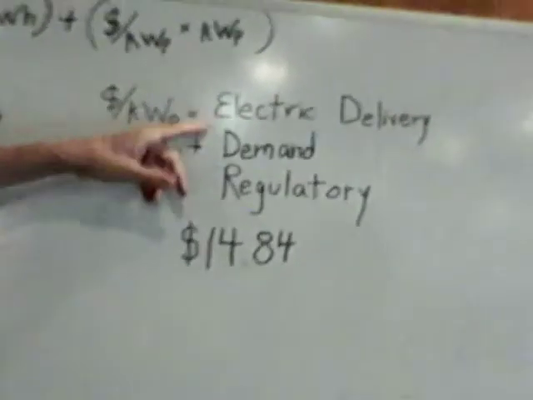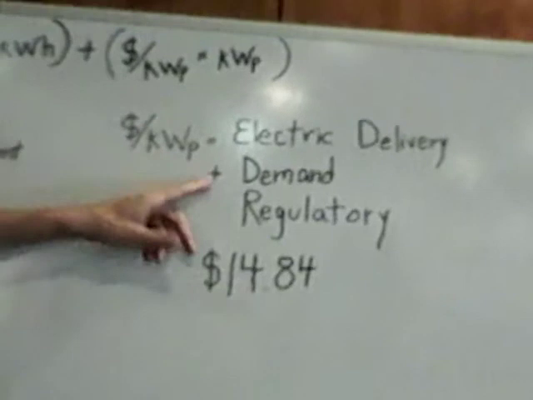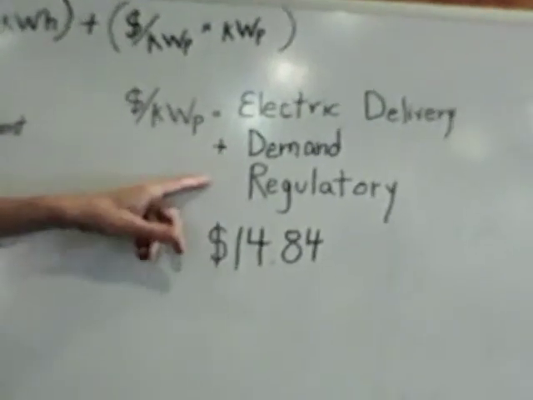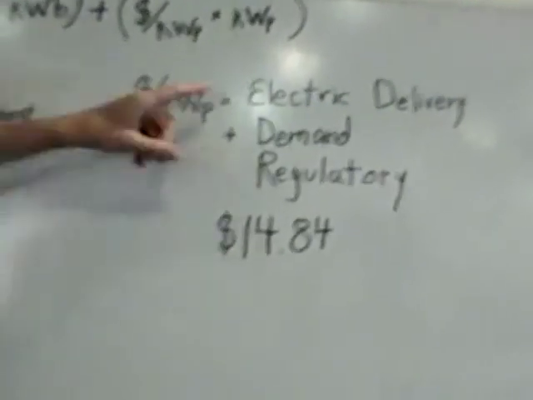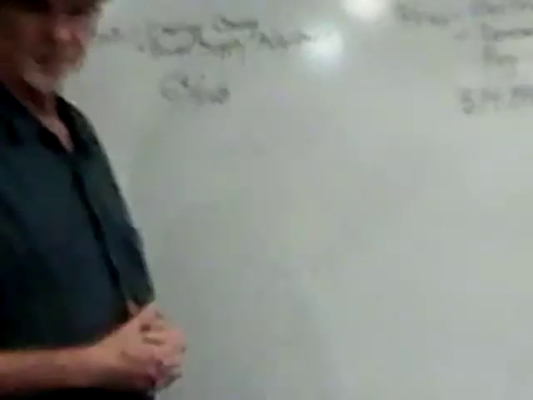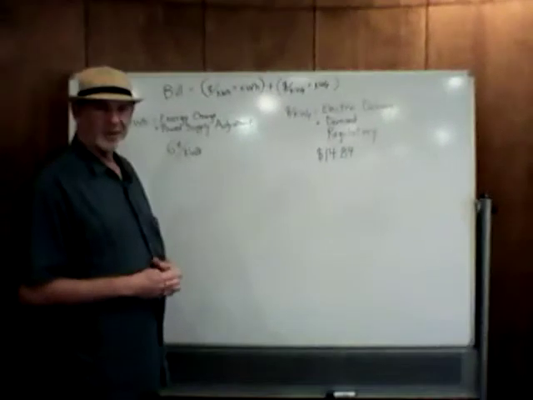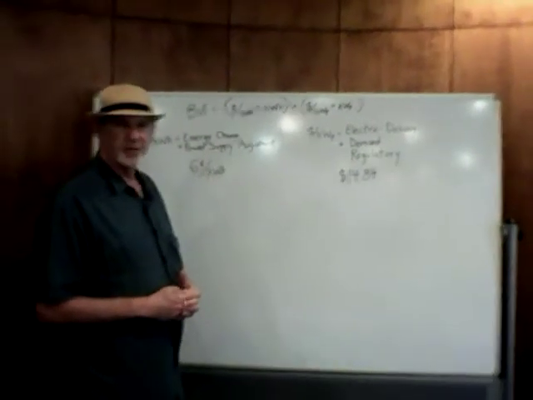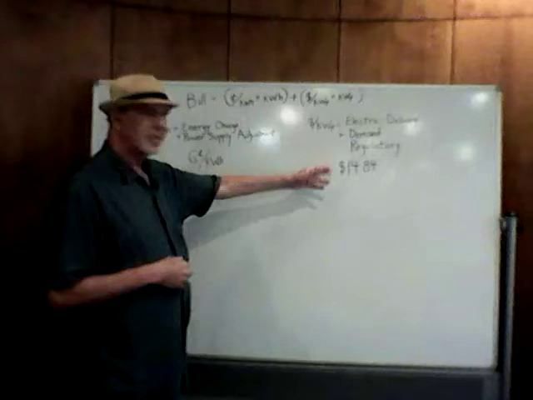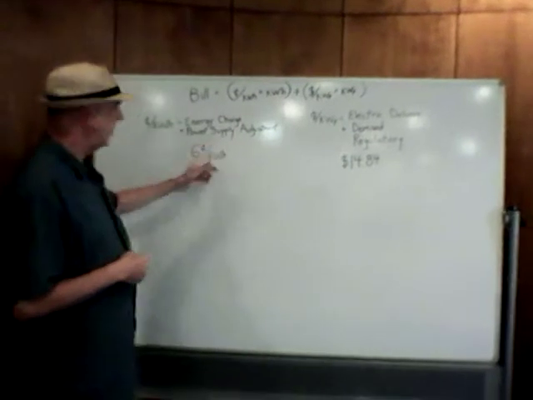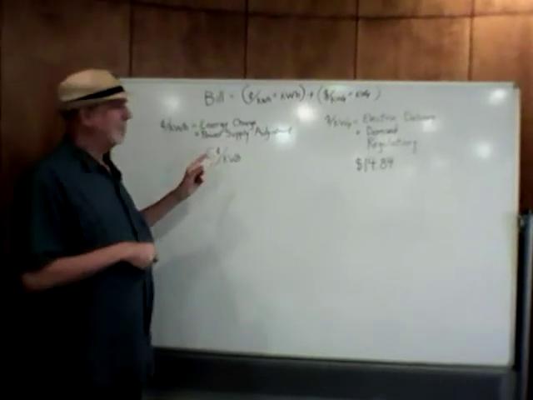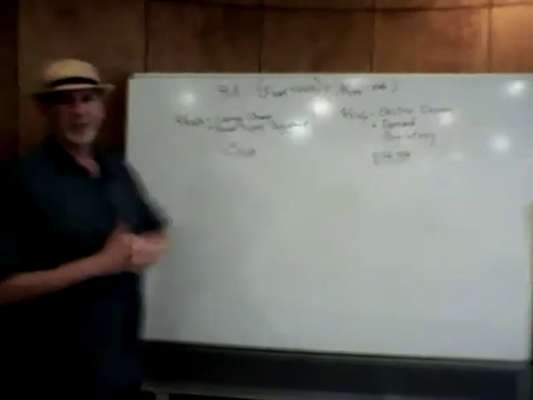One is called your electric delivery, the second is called the demand, and the third is called regulatory. Those three numbers add together to a number right now of $14.84 per kilowatt peak. That number goes down in the winter. It goes down to $11 and change. So this is seasonally adjusted. This is not. So very simply, that's how your bill is constructed.